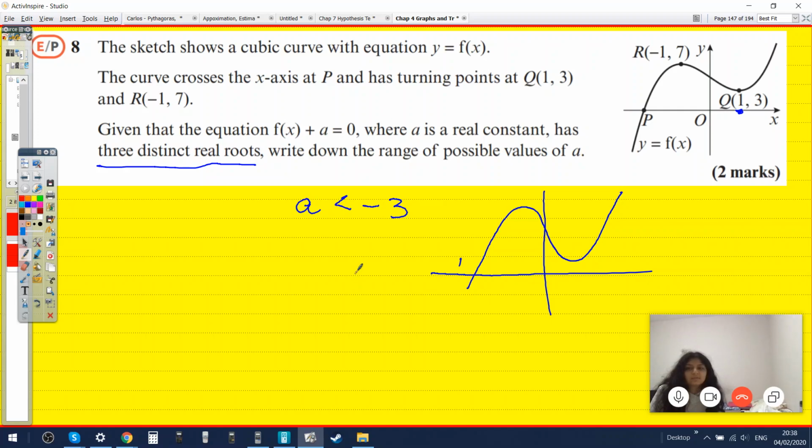Correct. What if it moved 10 down? Bingo.